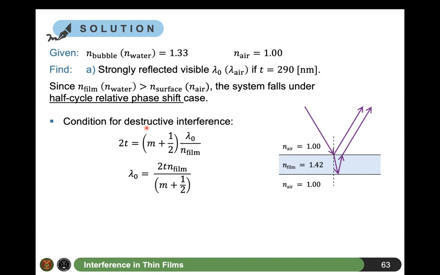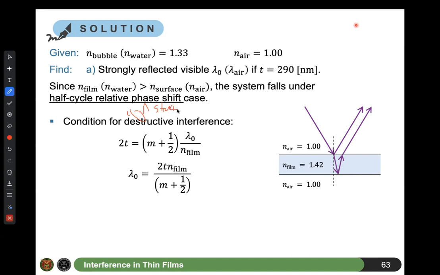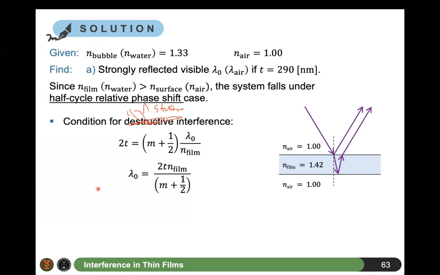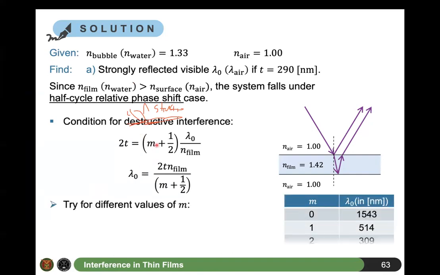Mali-mali itong slides nila. Constructive interference. So, dapat constructive. Kasi nga nare-reflect eh. Constructive yan. Mali ito, mali. So, for constructive, ito na yon yung baliktad.